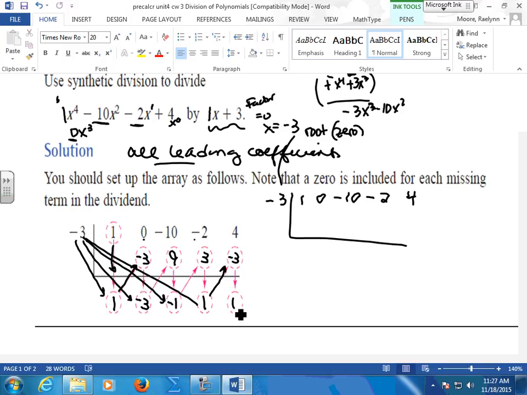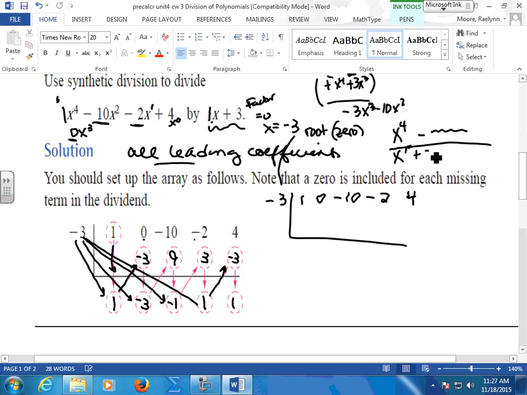So, start like this. You divided the highest exponent in the numerator by the highest exponent in the denominator. Right? We did this long division. X to the 4th minus blah, blah, blah, and x plus 3. I just want to look at the highest exponent in the numerator and the highest exponent in the denominator.